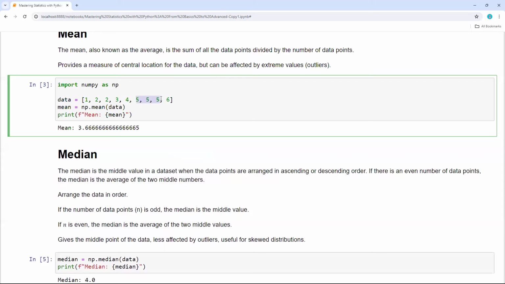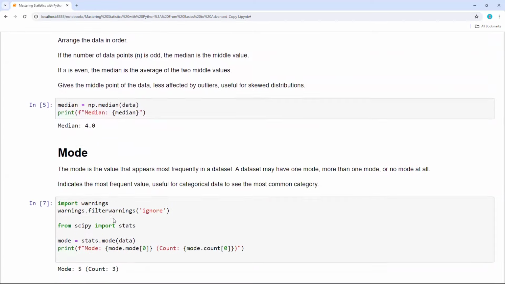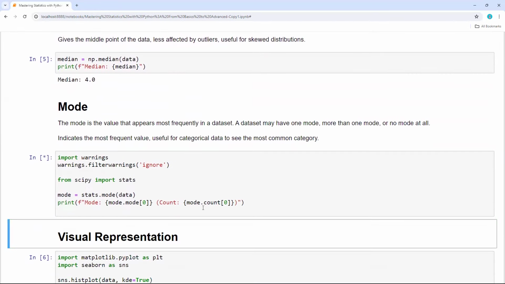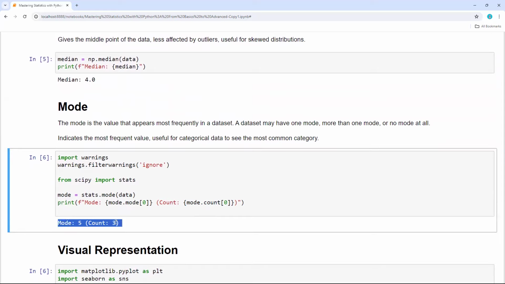I should get 5, because 5 is repeated 3 times, so my mode will become 5. If I run this, here the count is 3 because 5 repeated 3 times. So in the given data points, my mode is 5.